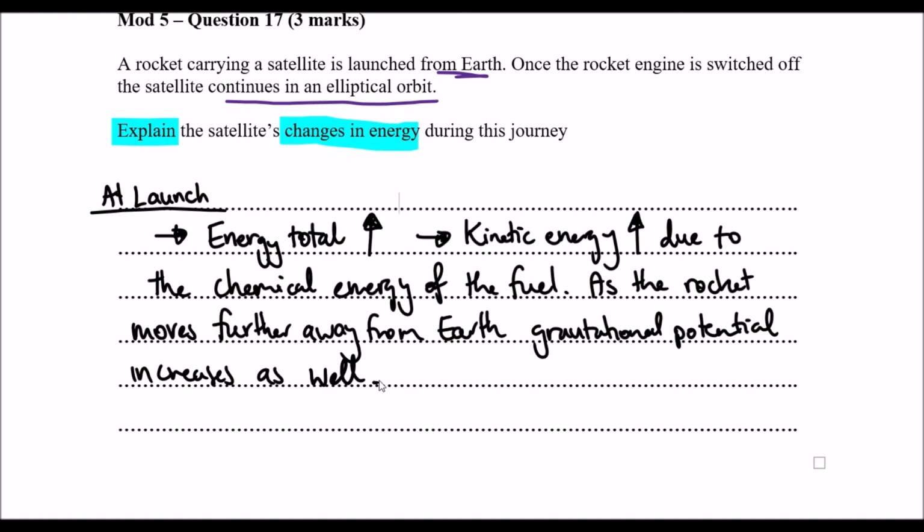Okay, so here we explain why the kinetic energy is going up. It's due to the transformation of chemical energy of the fuel, and as the rocket is moving further away from Earth, we also get an increase in gravitational potential energy, which leads to the total energy also going up.